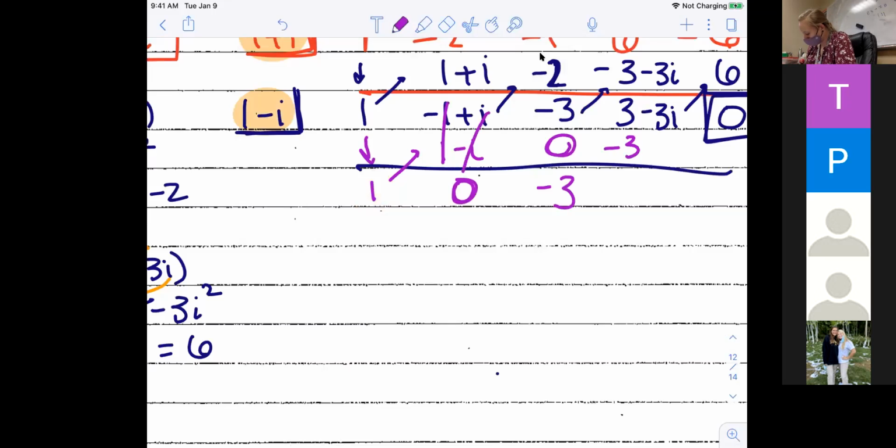That's negative 3 plus 3i. Oh, and again it cancels. The 3's cancel, the 3i's cancel, 0. That's my remainder. You can tell that you're done because you have all these real numbers at the end. And if you do your multiplying correctly, you should have all real numbers at the end.